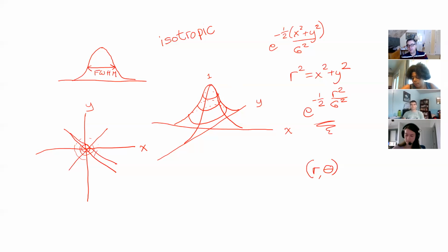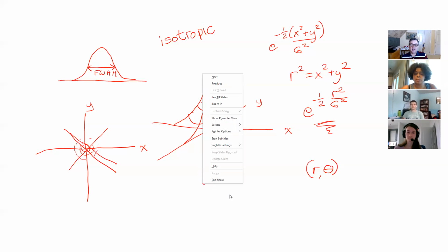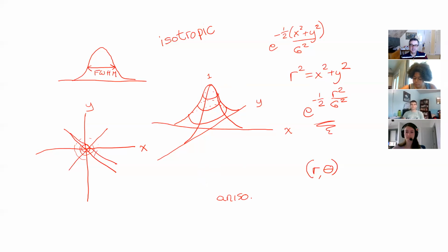You could set y equal to 0 and do it in terms of x, set x equal to 0 and do it in terms of y, or substitute in r. You should get the same answer regardless. The only other thing I'll say is that if it's not isotropic, anisotropic would be the right term for it, in other words, not the same in all directions.